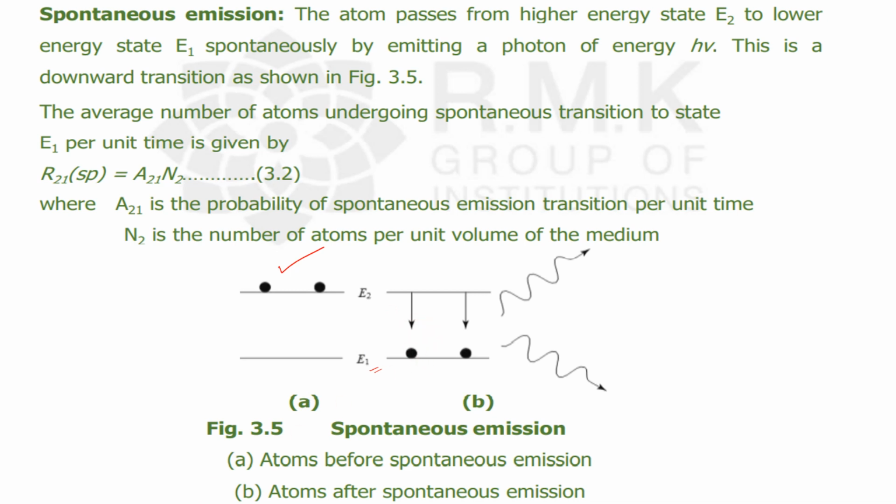During this process, a photon of energy h nu is emitted. This can be expressed as R21 Sp, the rate of spontaneous emission. It is equal to A21, the probability of spontaneous emission transition per unit time, times N2, the number of atoms at the E2 energy level.